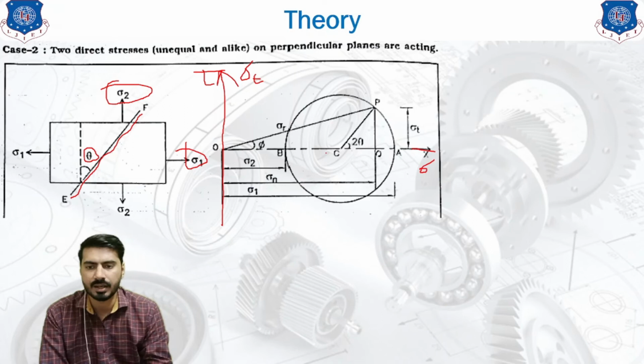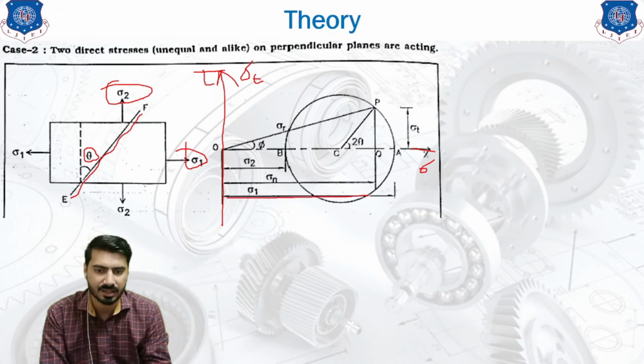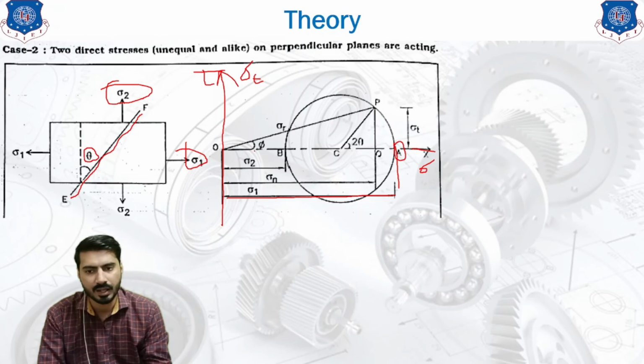Now we will draw sigma 1 on the right side first. Let's say sigma 1 is the bigger value. So this much length, according to our scale, is sigma 1. We have plotted a point A over here on the horizontal axis. Sigma 2 is also of the same nature as sigma 1.